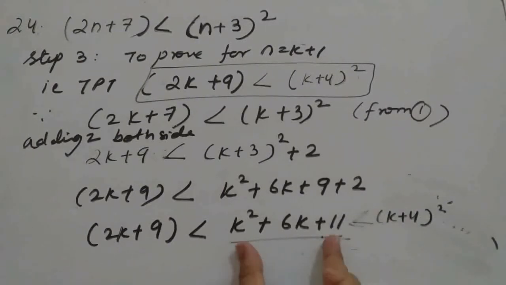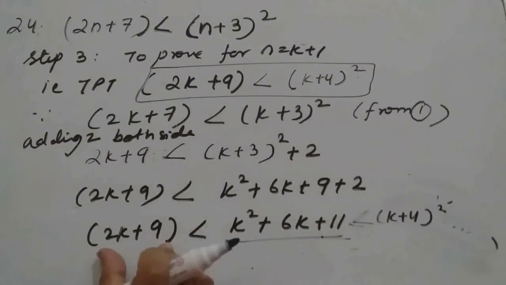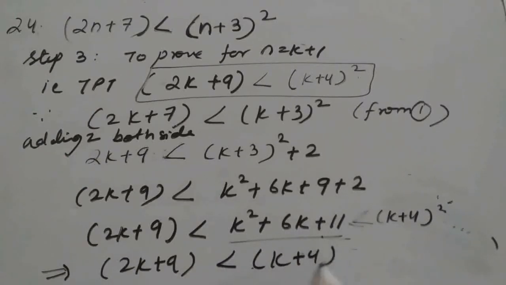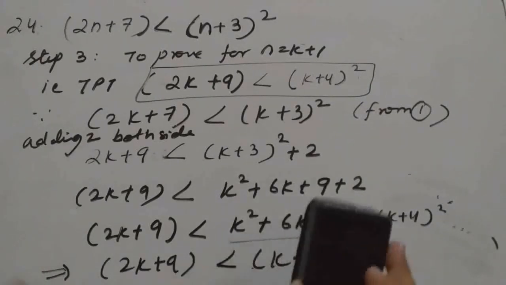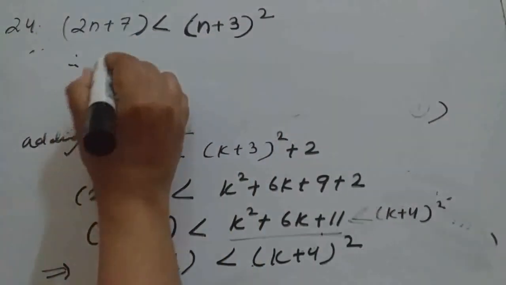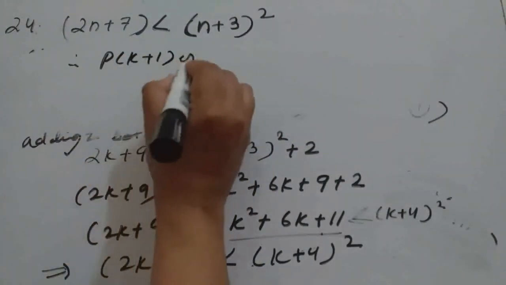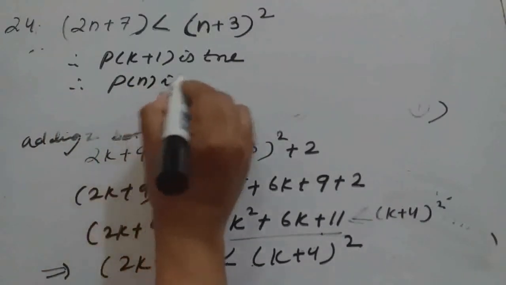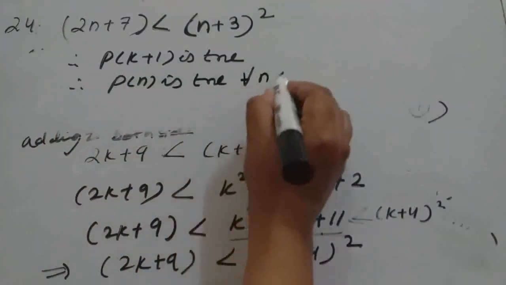Okay, if this number is less than k plus 4 square and this number is greater than this, so ultimately this will be less than k plus 4 square. Okay, so here we have proved for k plus 1. So therefore p of k plus 1 is true, therefore p of n is true for all n belongs to N.